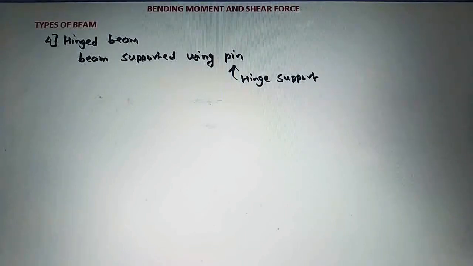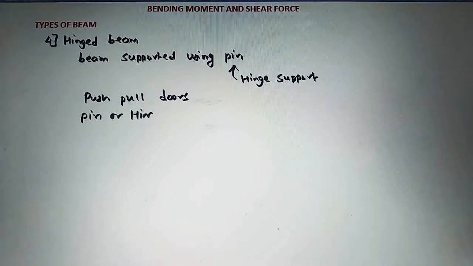For example, we can take the push-pull doors. The push-pull doors are the best example of a hinge beam, where the hinge or pin of the door allows the rotational motion.